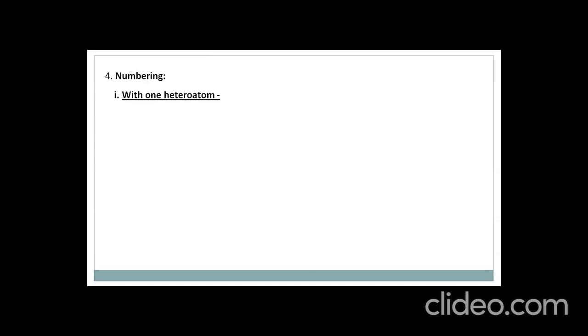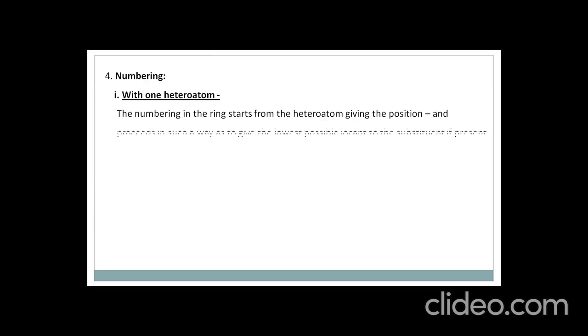If it has one heteroatom, then the numbering in the ring starts from the heteroatom, and proceeds in such a way as to give the lowest possible locant to the substituent if it has one. Just take an example, a ring having a nitrogen heteroatom, so we give the numbering from the nitrogen.